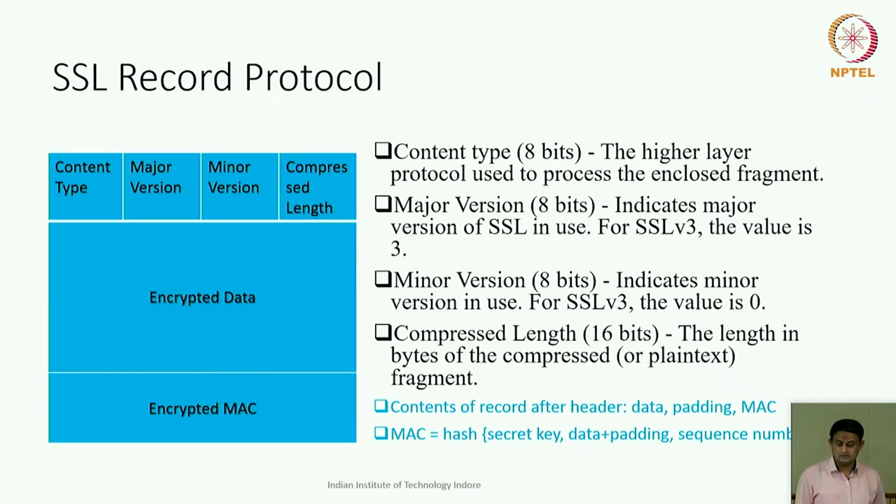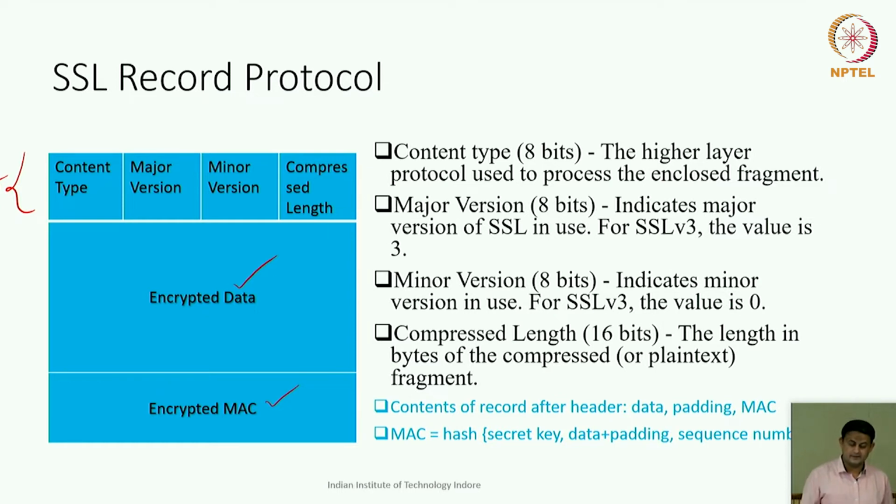Let's take a look at what the entire bunch looks like. This is the encrypted data, which is the compressed data I was referring to, and this is the MAC. The MAC is one component, the encrypted data is another component. On top of this, you attach the SSL header. The header has 4 components.